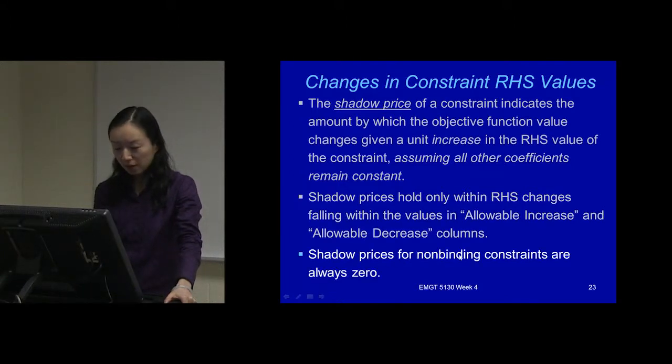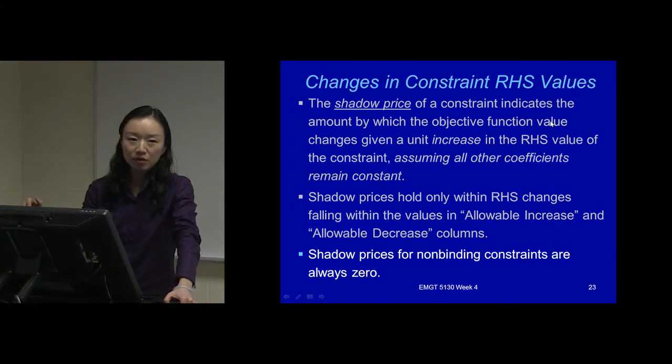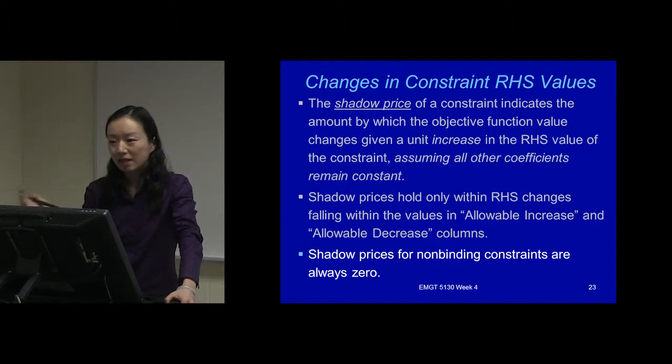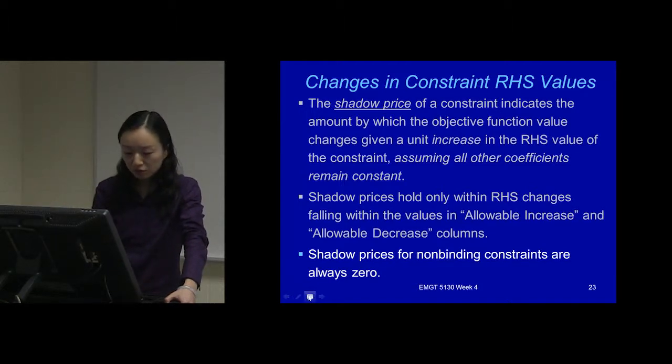And the shadow price for a non-binding constraint is always 0, because the shadow price is about the impact on your objective function value, which means whether you can improve it or not. If a constraint is non-binding, you already have some slack left. Like in that case, it's the tubing. We have 168 units of tubing left already. When you have more, it won't impact your objective function value at all. So the shadow price of that will be 0.